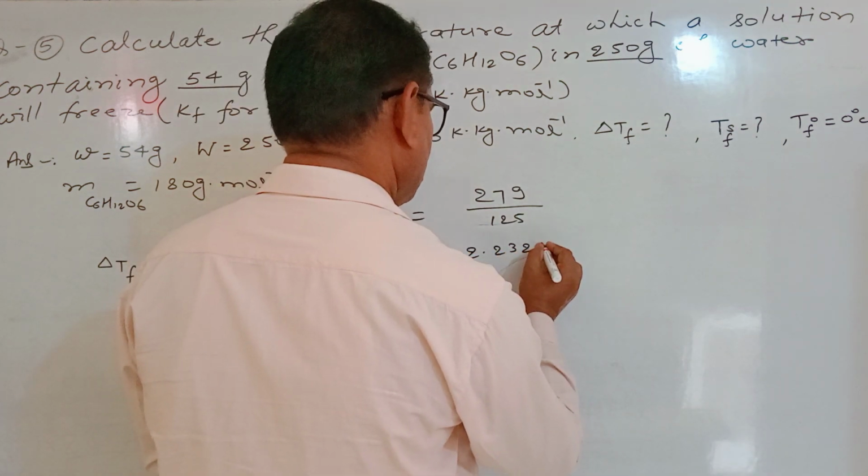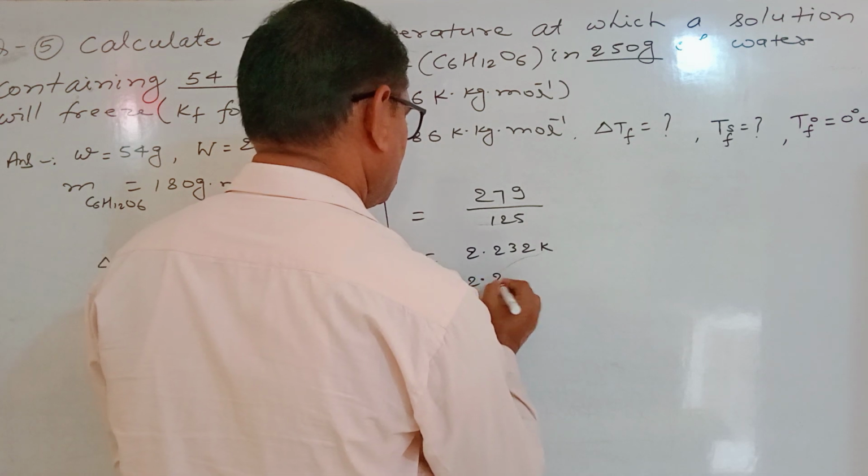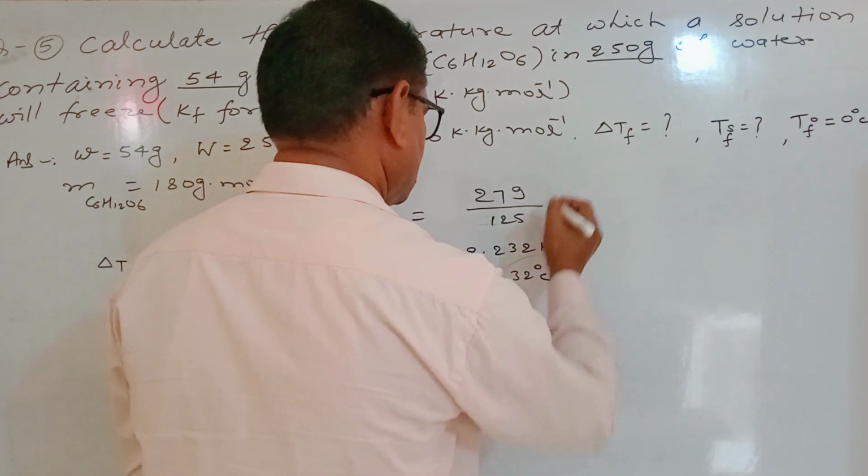We get 2.232 Kelvin. We convert to 2.232 degree Celsius.